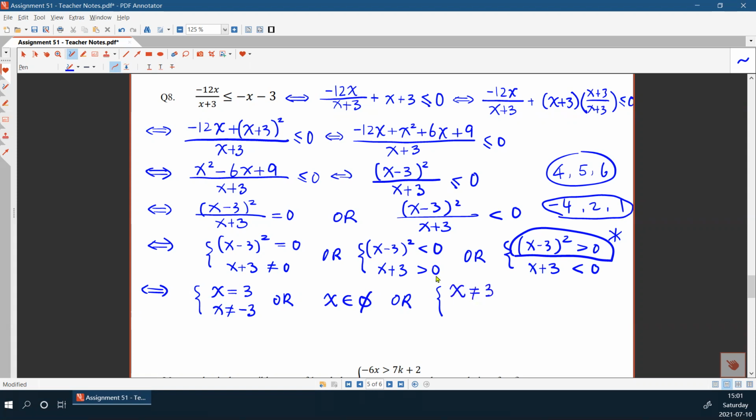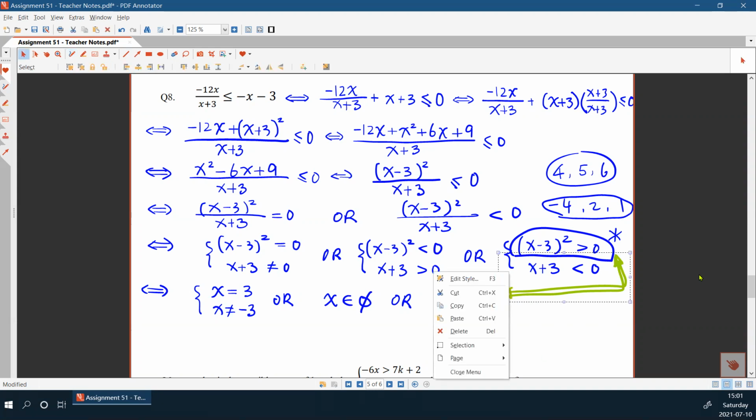Do you see that? Both of you. This is the solution of this inequality. Okay, I need to ensure you really understand this.